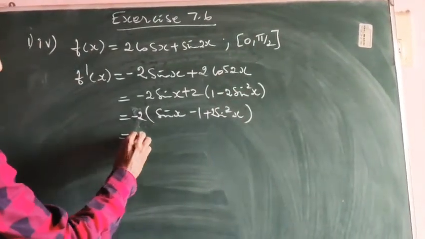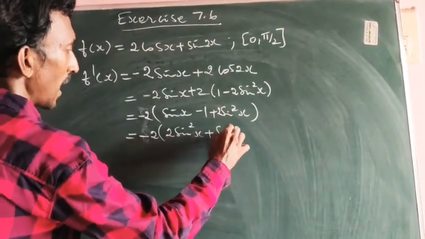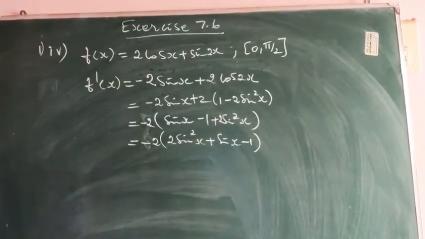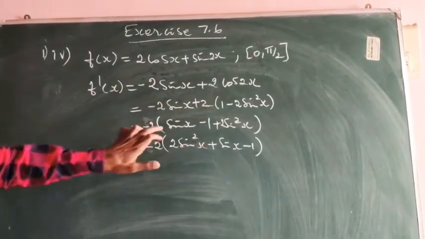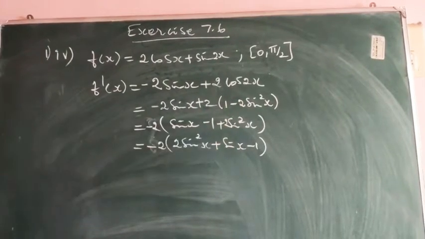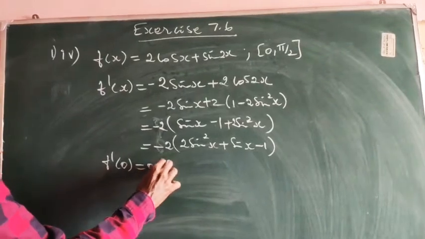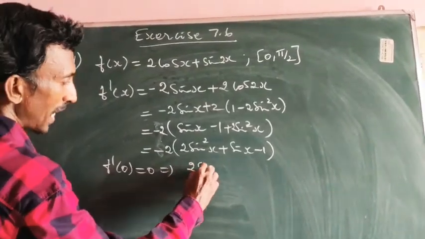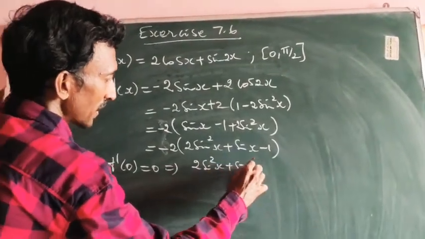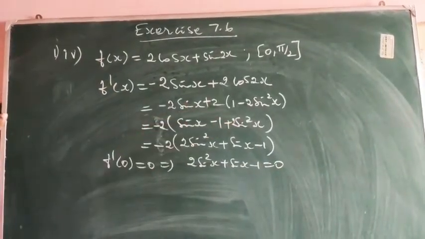So minus 2 into 2 sin square x plus sin x minus 1, rearranging the terms, we can take minus 2 outside. So minus becomes plus, plus becomes minus. Okay, so now equate the first derivative to 0, which implies 2 sin square x plus sin x minus 1 equal to 0. Minus 2, we can leave it.